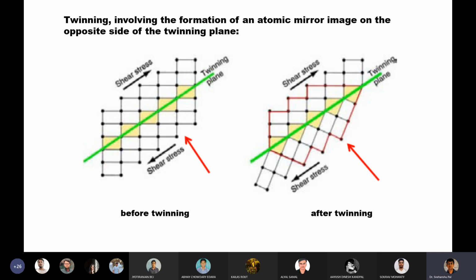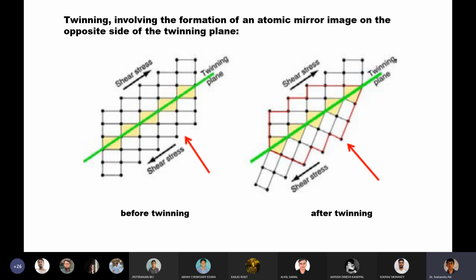So twinned and untwinned parts of a crystal are mirror reflections of each other across a certain plane of the crystal. This mirror plane is also known as the compositional plane.